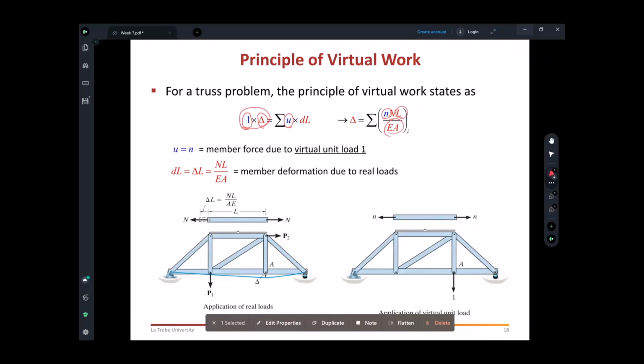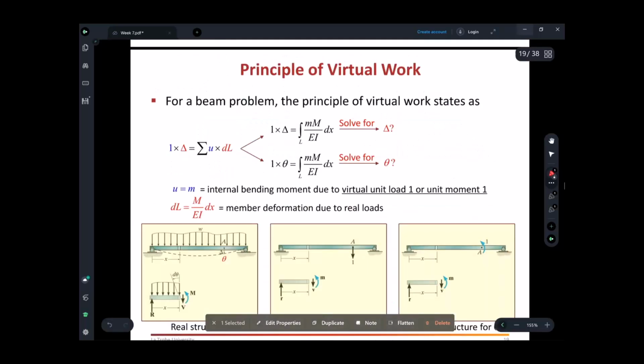Please note this virtual force has no unit. You don't need to put any unit, newtons, kilonewtons or so on. When I take an example, it will be more clear.